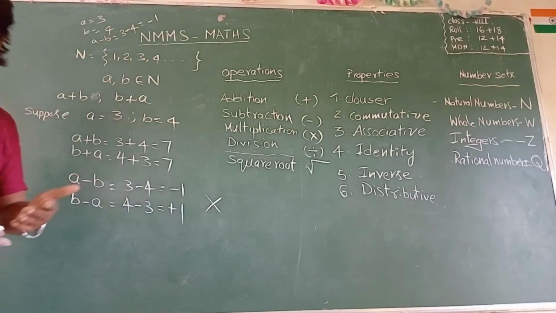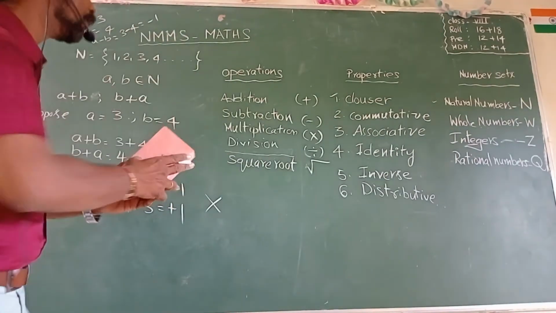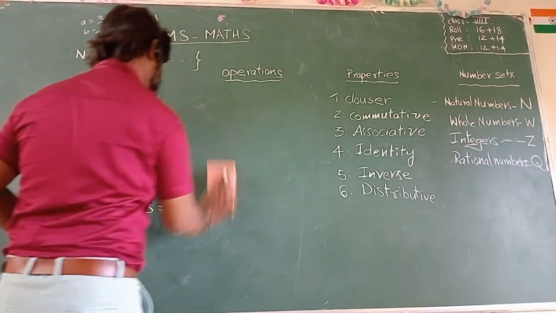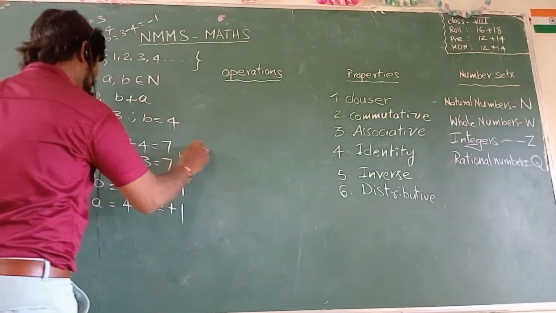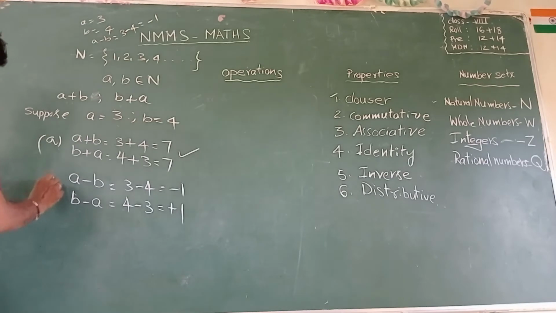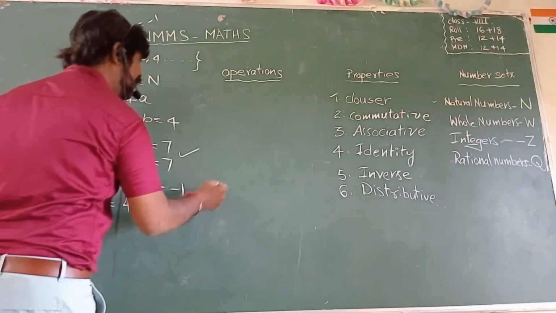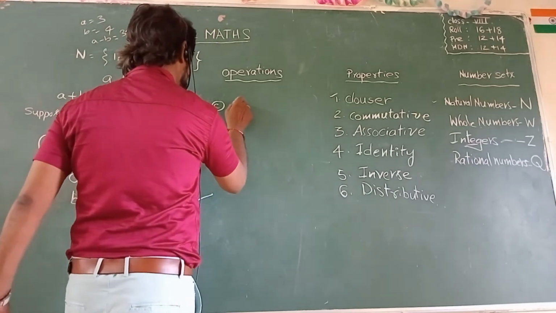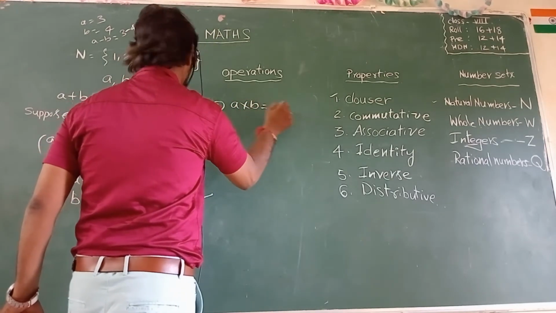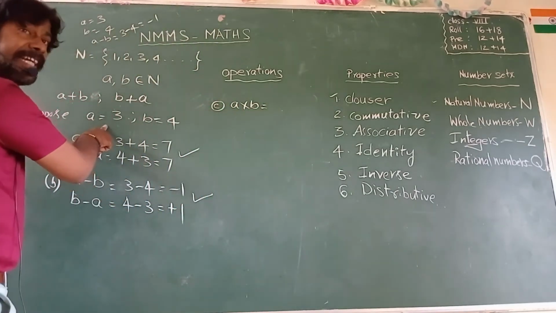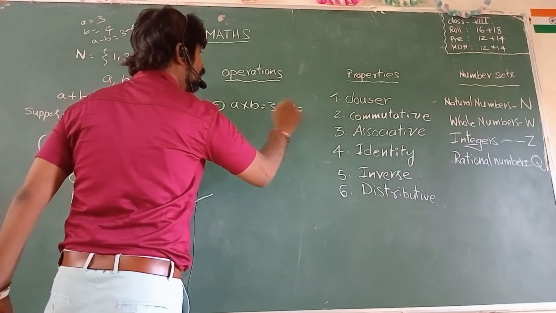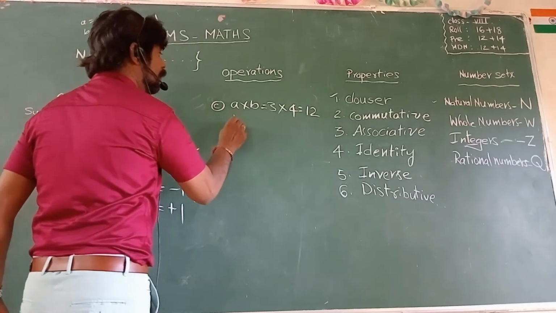Now go for multiplication. Next operation is multiplication. A into B. A is how much? 3. 3 into B, 4. 3 fours are 12.